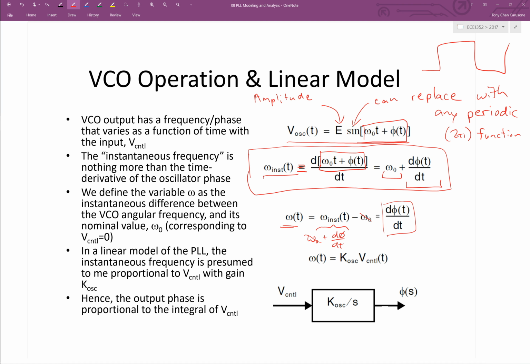I should have made the time argument explicit there. Okay. So that's a key, very basic point.